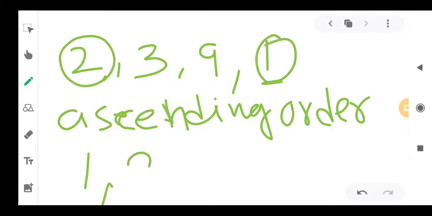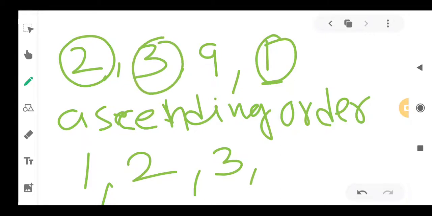So, next you have to write 2. So, 2 also over. Next, remaining numbers are 3 and 9. In this, 3 is smaller than 9. So, next you have to write 3. So, 3 also over. Next, which is remaining number? That is 9. So, we have to write 9 here. So, this is called ascending order.